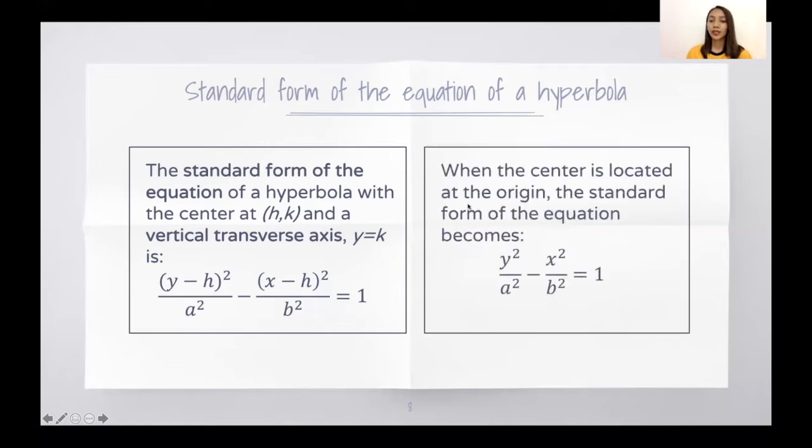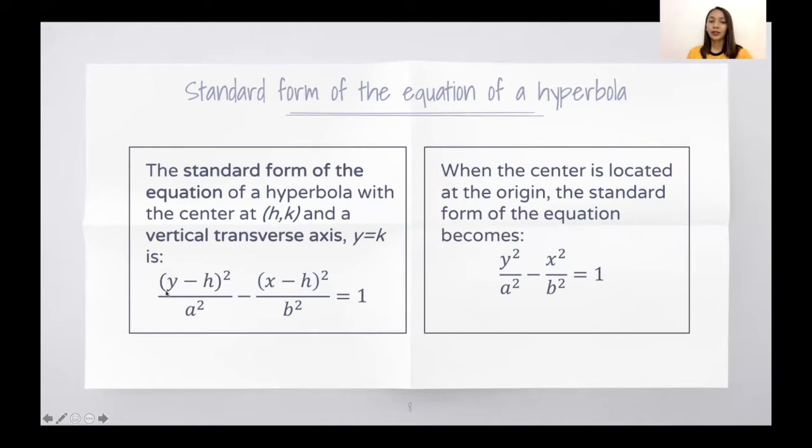When the center is located at the origin, the standard form of the equation becomes y squared all over a squared minus x squared all over b squared is equal to 1. So as you can observe, meron pong difference between the standard form of the equation of a hyperbola kapag nasa horizontal transverse axis siya and kung nasa vertical transverse axis siya. Okay?